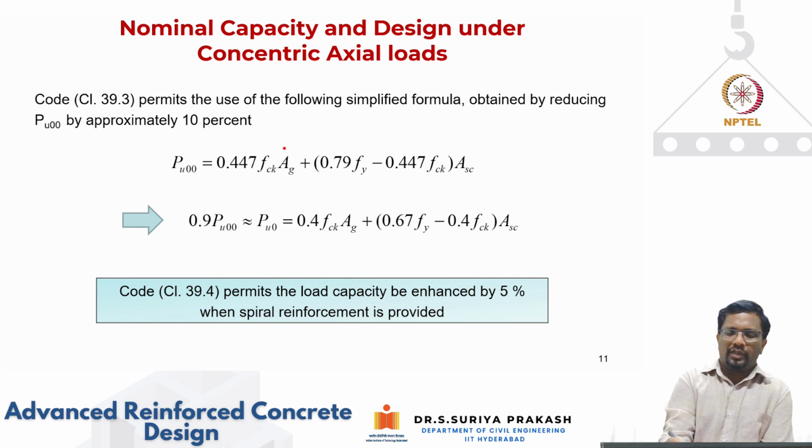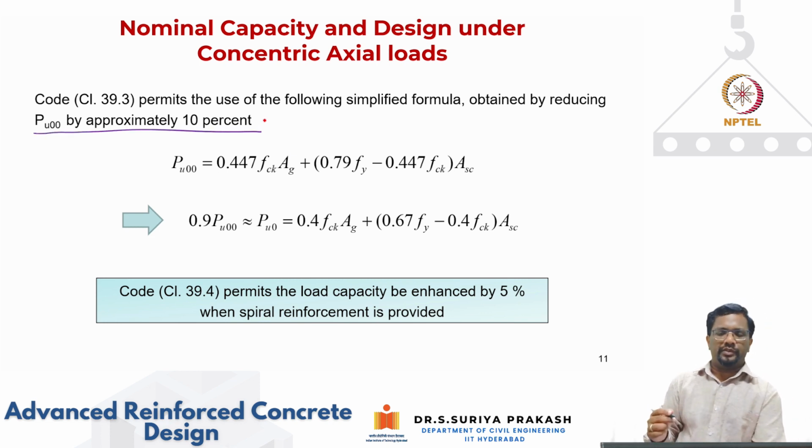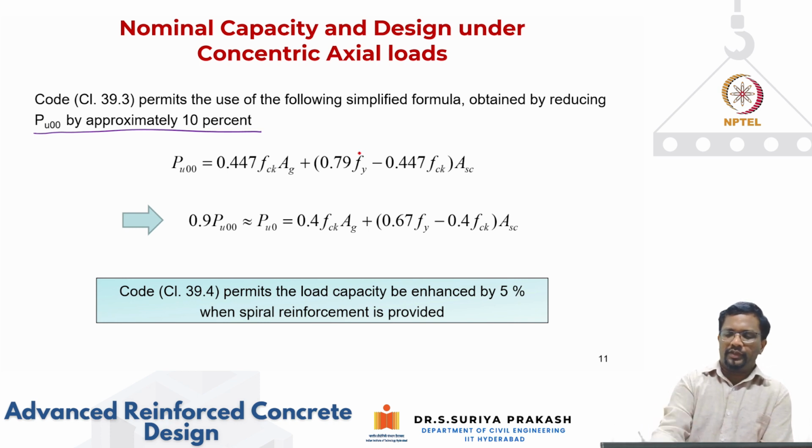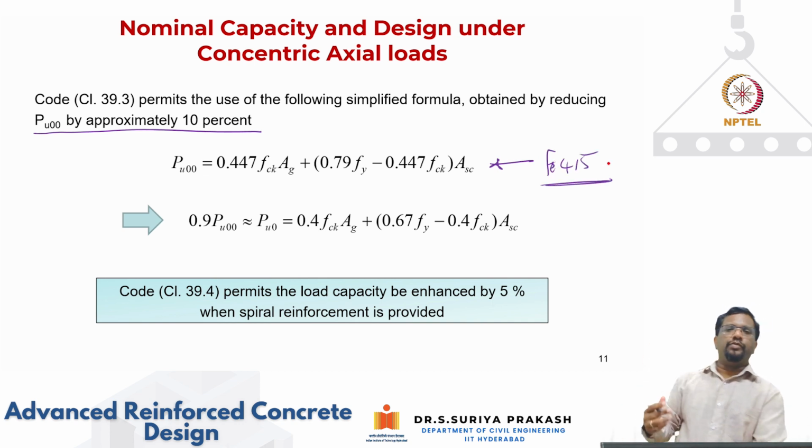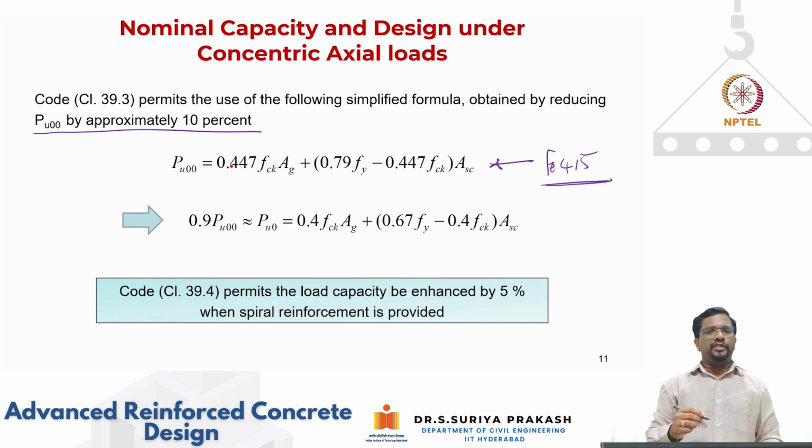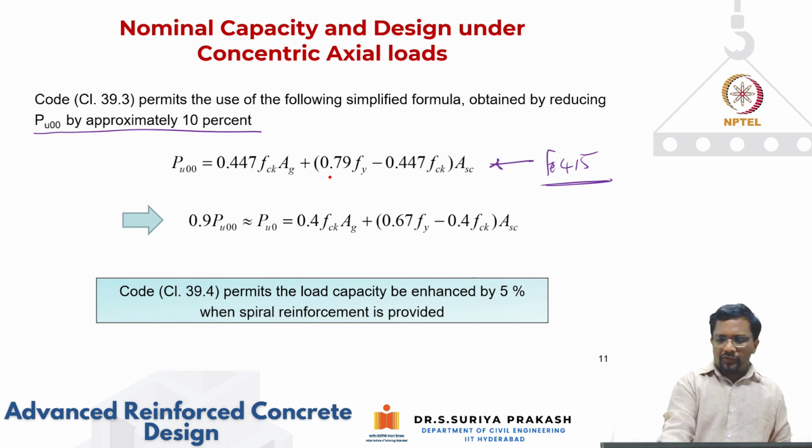Now the code is saying that this is the expression valid for pure compression, and let's simplify the formula, reducing this Pu by approximately 10 percent. We got this for Fe415, because when the code was written in 2000, 415 grade steel was more common. So Pu for Fe415 is 0.447 fck Ag plus (0.79 fy minus 0.447 fck) times Asc.